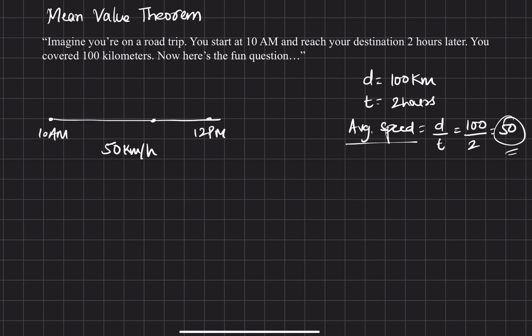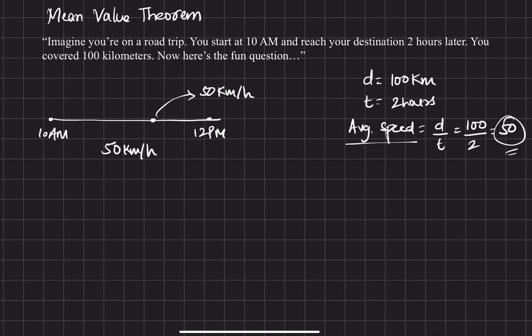That could be any moment here, let's say here or here. So I'll pick one moment, and as per this theorem, at this particular time, your speed on your speedometer was actually 50 kilometers per hour. That is what it tells you.